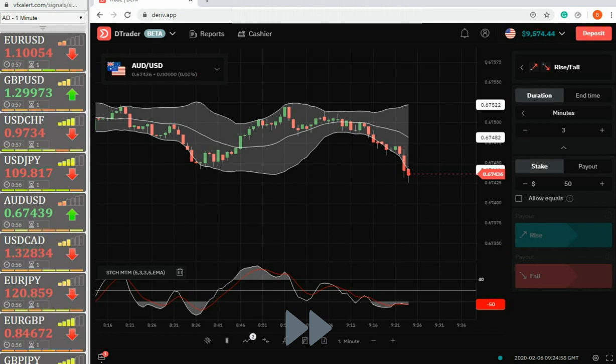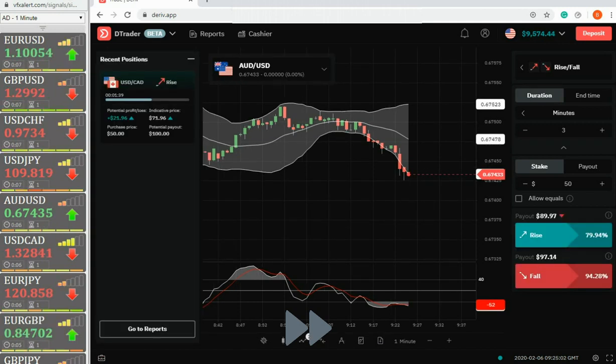Moving even 1 point from the opening price can complete the option with a profit.